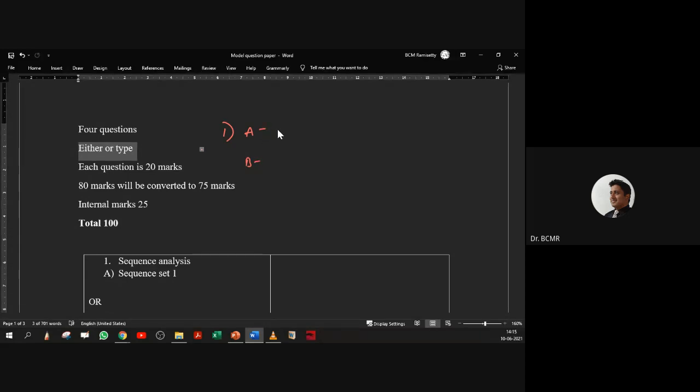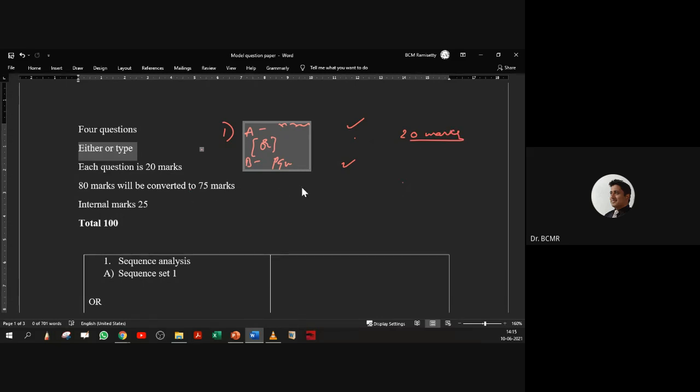This one will be XYZ, and this one could be PQRS, and you will be asked to choose to write either A or B, and each of them will carry 20 marks.